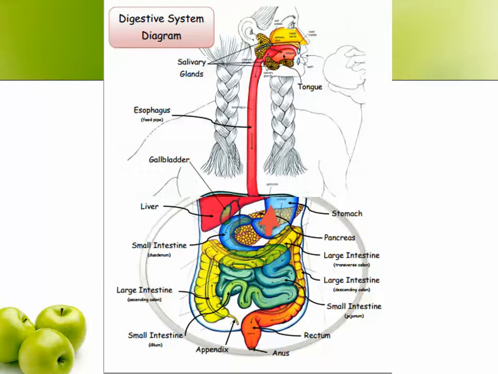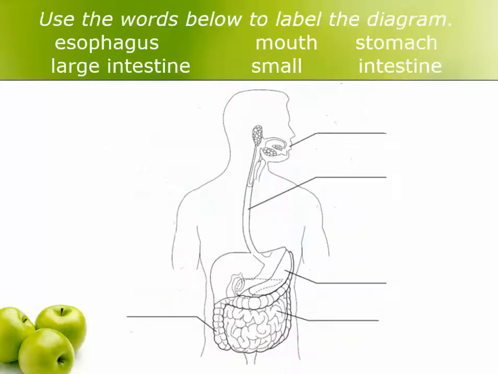I would expect you to be able to label a diagram like this. So looking at this diagram, see if you can label this one. So if your esophagus is 1, mouth is 2, stomach is 3, large intestine is 4, small intestine is 5.